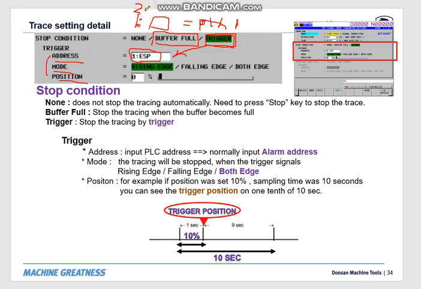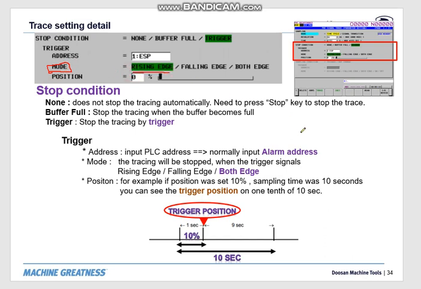If you hit 2 colon address, that means the second path. Then for this address, you can select the mode.